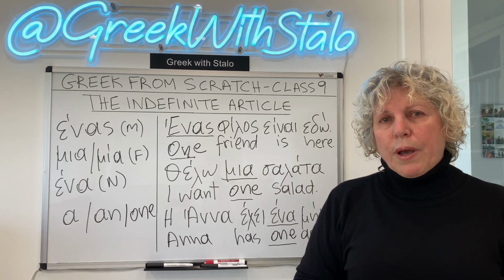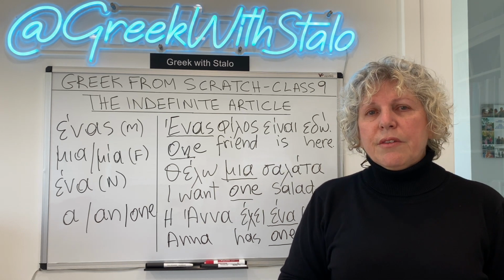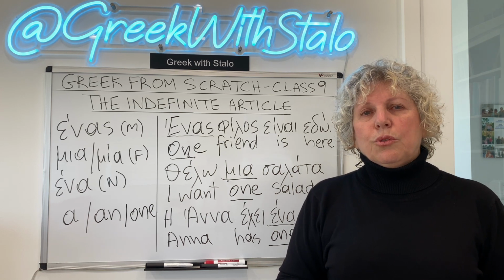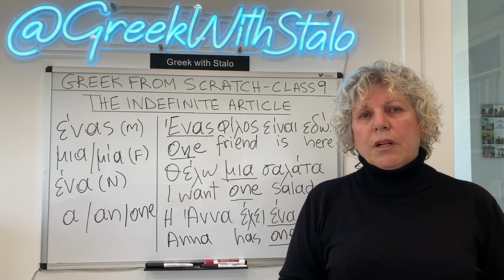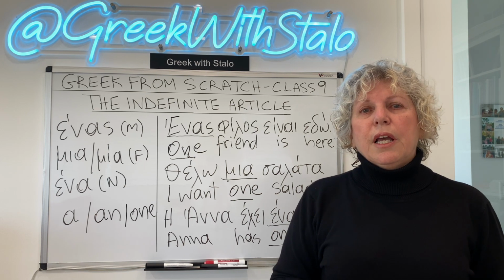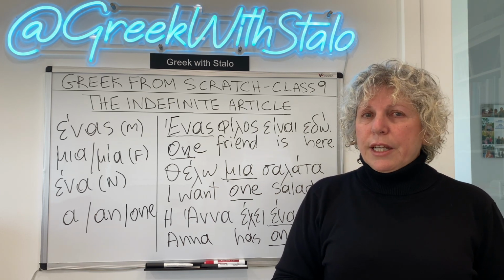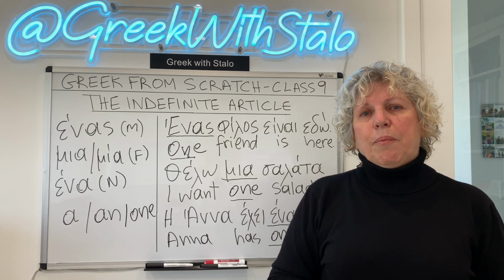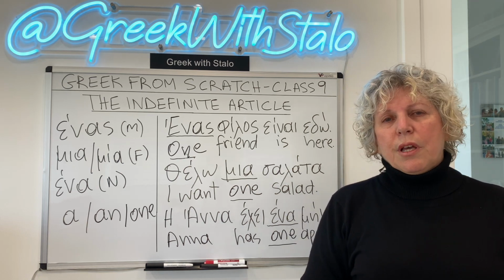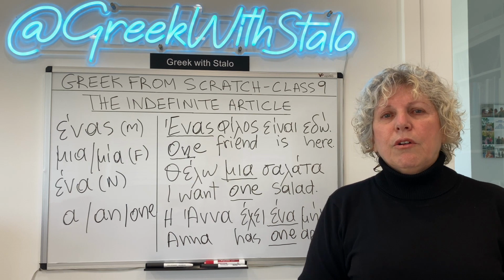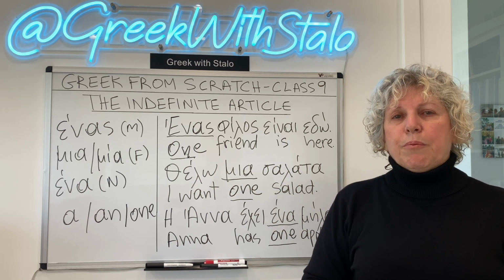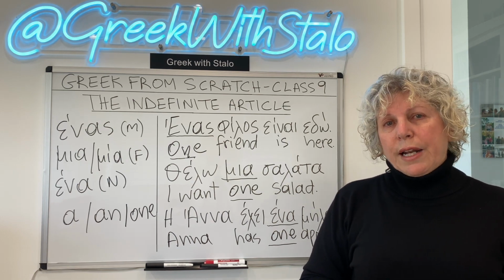And the best way to learn the gender is to learn always new words together with their articles. If you don't know the gender of a noun, inevitably at some point you will use the wrong article or the wrong ending of a pronoun or of an adjective.